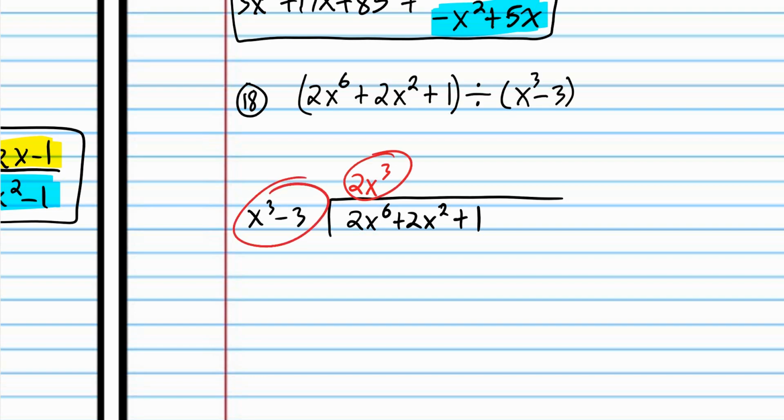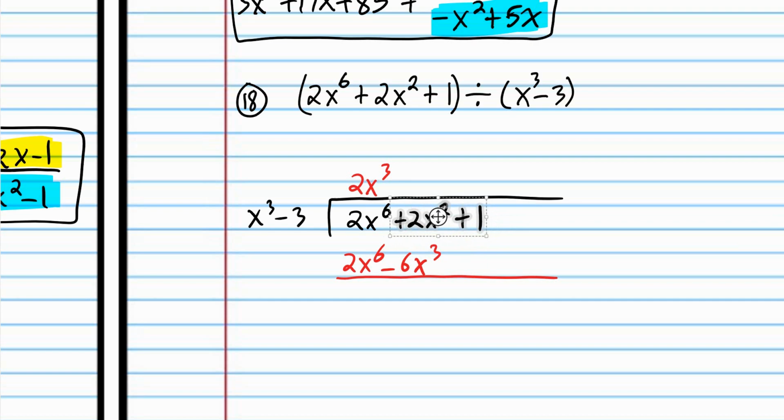Multiply the divisor and that number, and we get 2x to the 6th minus 6x cubed. Subtract. But again, we have an issue here. Now, you should probably be aware that you don't really have to move these numbers over. I mean, that's what we've been doing, but you don't really have to. You just have to recognize that there's no x cubed term up here.